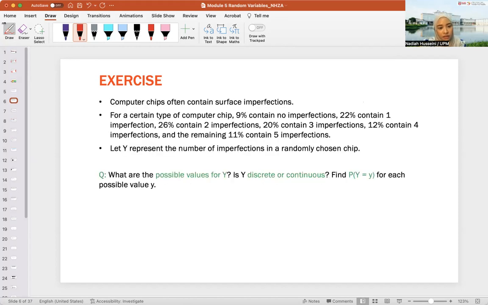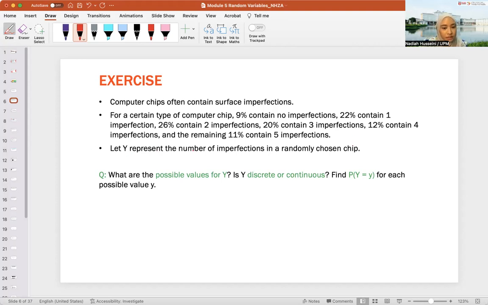Okay, moving on. Exercise: computer chips often contain surface imperfections. For a certain type of computer chip, 9% contain no imperfection, 22% contain 1, 26% contain 2 imperfections, and 20% contain 3 imperfections. You can read the rest yourself: 11% contain 5.